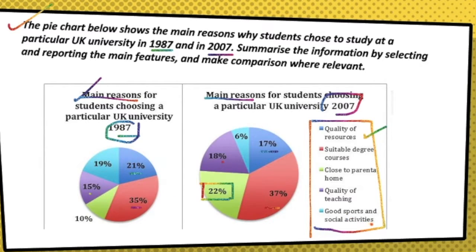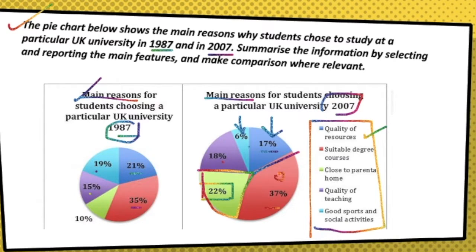Good sports and social activities has actually got reduced from 19 to 6%. So this reason, as you see, got reduced. Even this one got reduced, but the rest of the reasons were chosen more. And the majority of the students now wanted to get a suitable degree course.